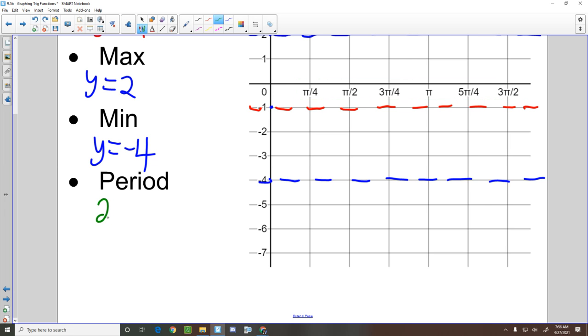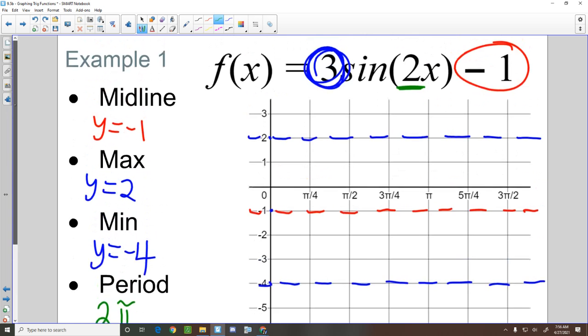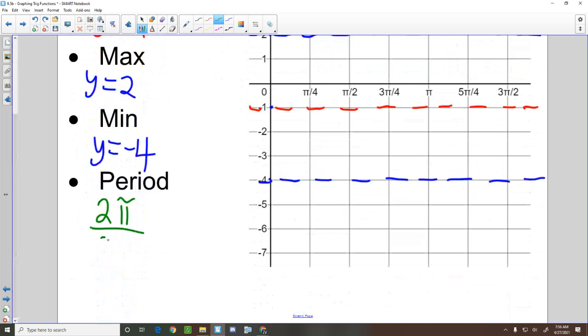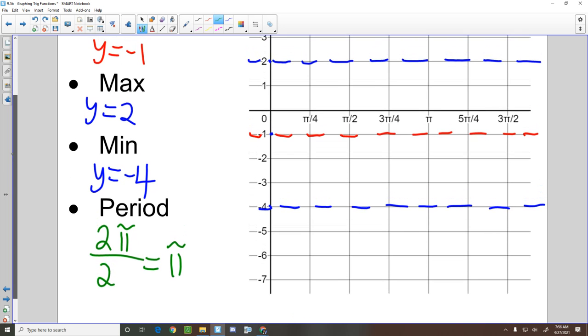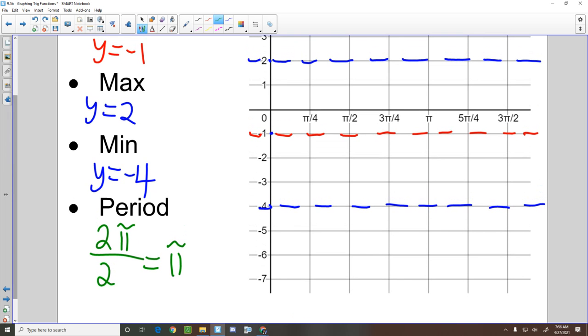So I'm going to start with 2 pi and divide it by that coefficient, which was 2, right? Because it says 2x. So you divide it by 2, and then simplify that fraction, and we get 1 pi. So that tells us how long our wave is going to be.